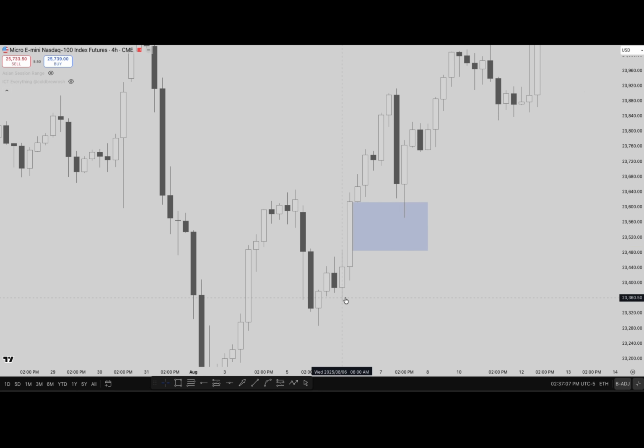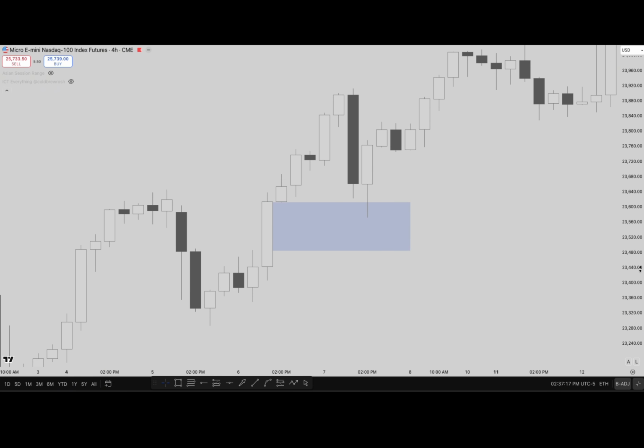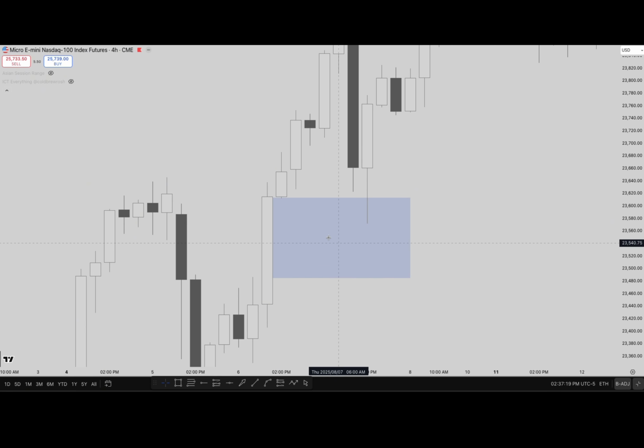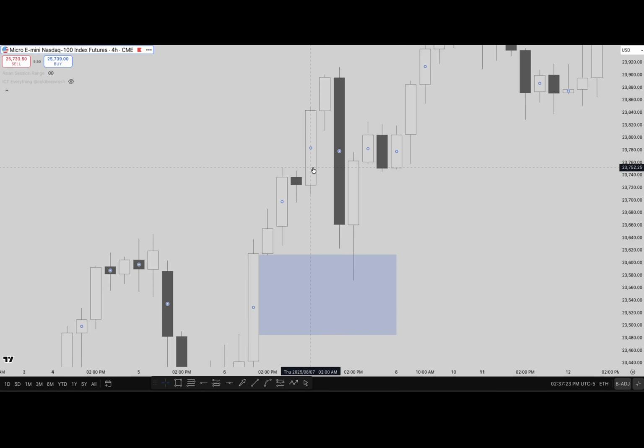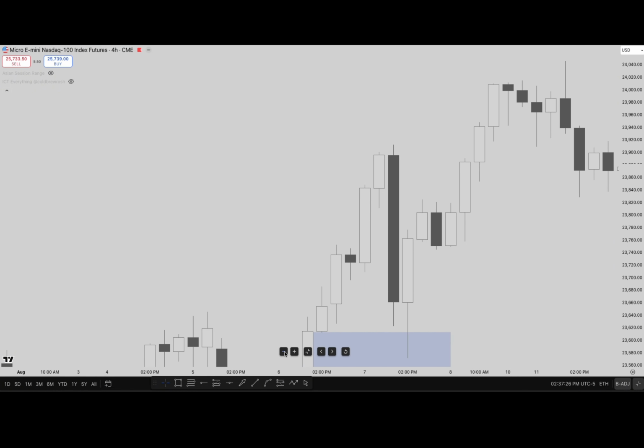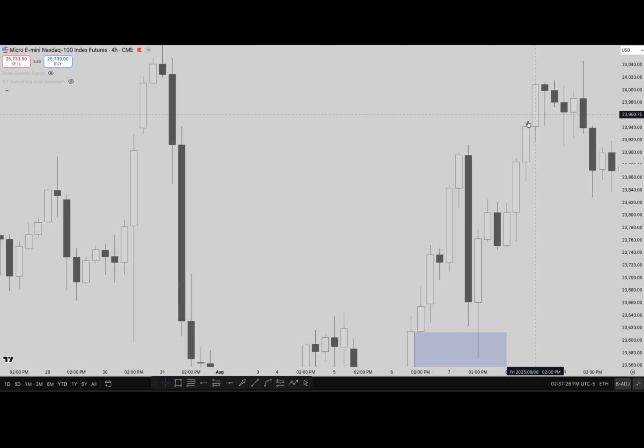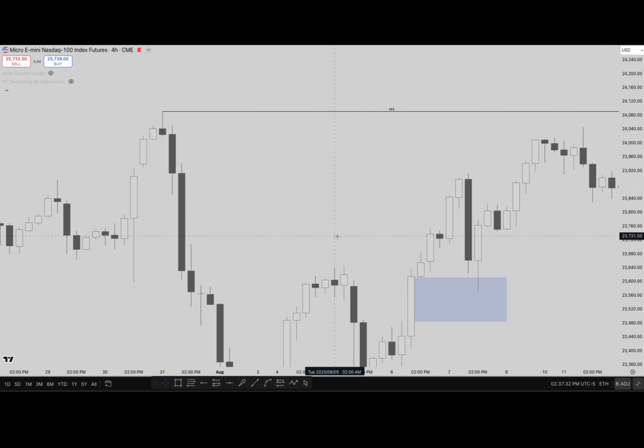Here's an example of price just going up, and it's a continuation retracement. So a bullish fair value gap gets opened, price goes higher, but then, oh look, let's go down a time frame.